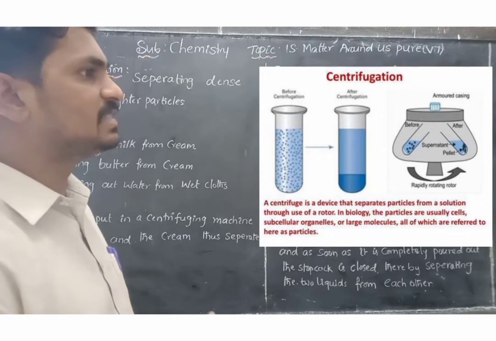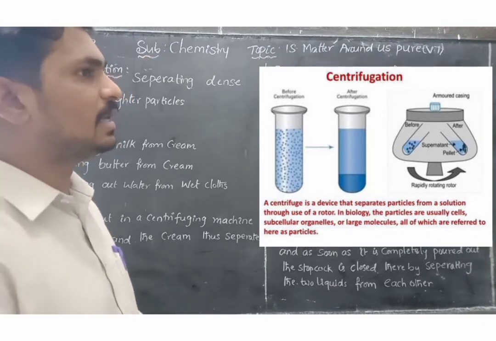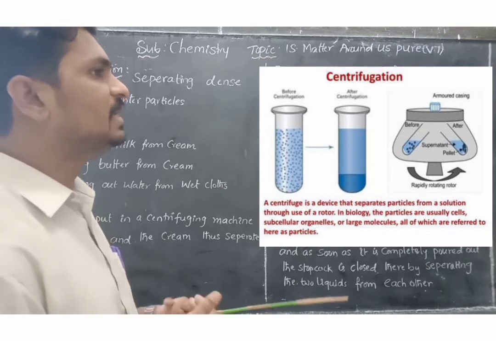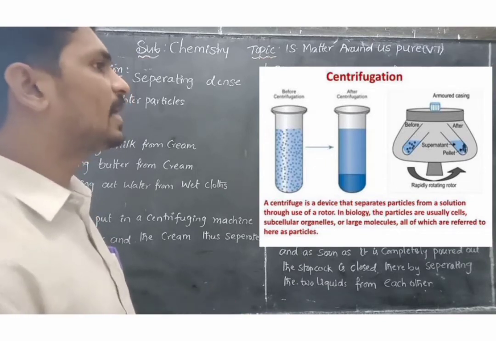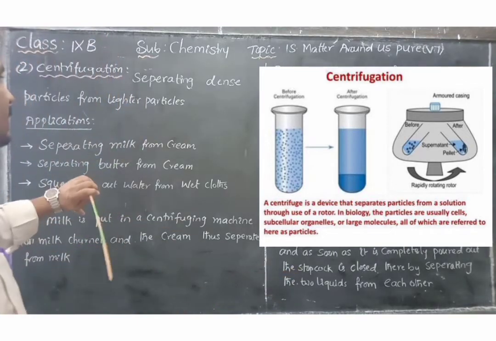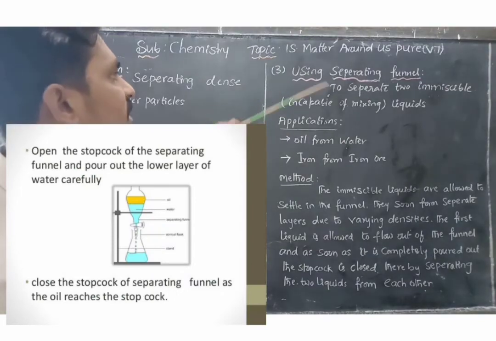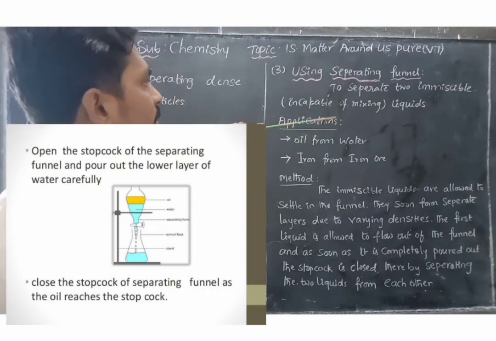I am telling only what the technique is, how to separate one particle from another, dense from light, by different techniques, and what the applications are where we use them to separate particles or constituents. Next, using a separating funnel to separate two immiscible liquids.